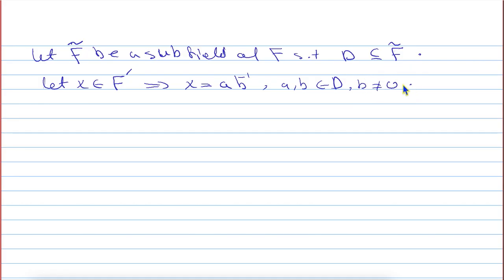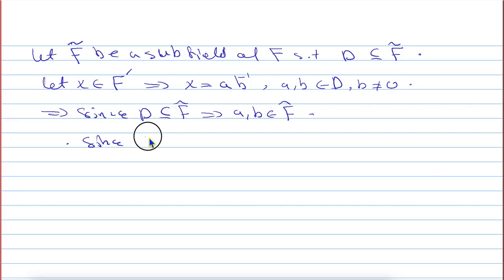Now this also implies, since D is contained in F tilde, that A and B are both in F tilde. Also since F tilde is a subfield of F, it must contain the inverses of all elements.